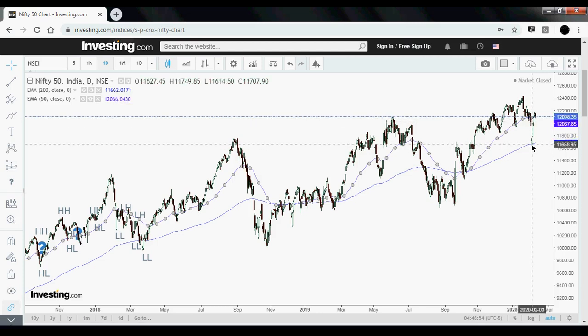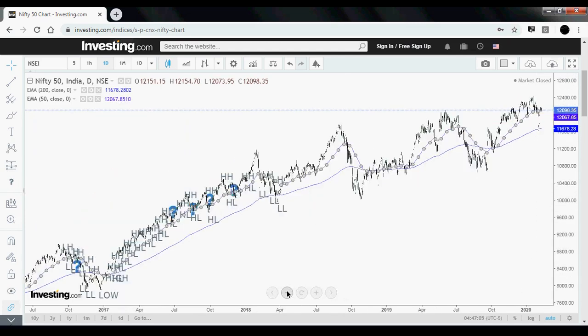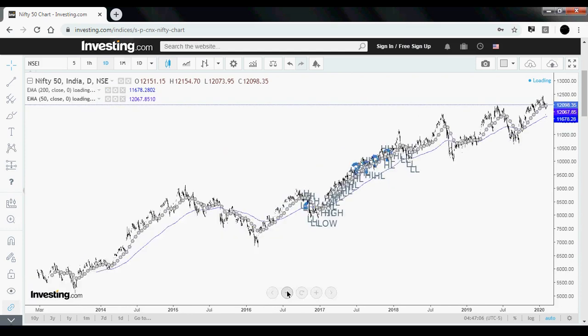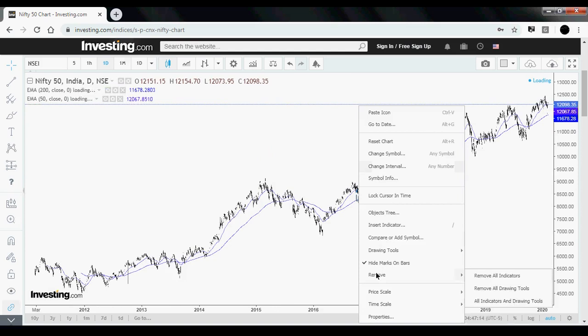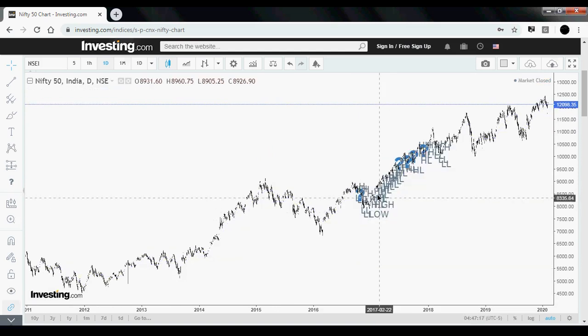We had this intermediate trend turning down. Again, we saw that it changed. So basically speaking, as long as the market is above this 50 period moving average, we'll remove all these indicators so that we can look very clearly.